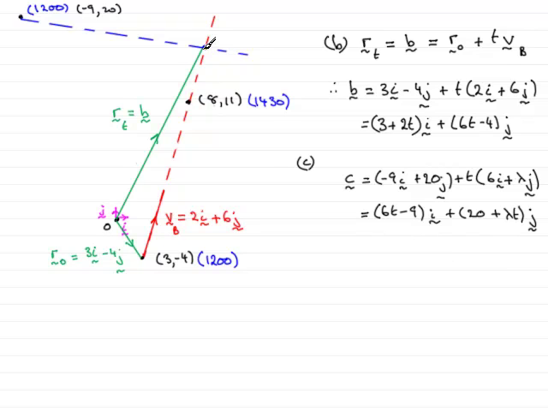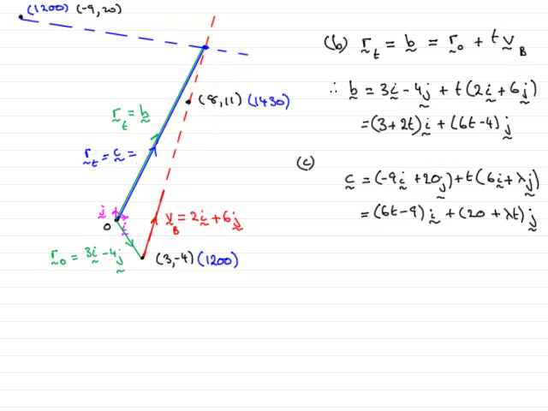And as I said earlier, at the point of interception, this position vector of C, t hours afternoon, is going to be pointing up here. Both RC and B will be exactly the same vector, t hours afternoon.